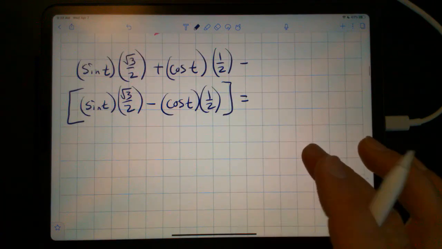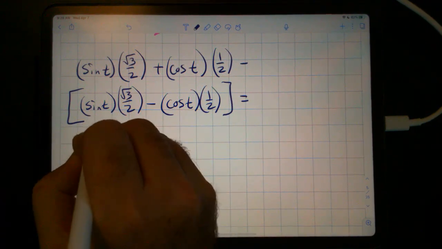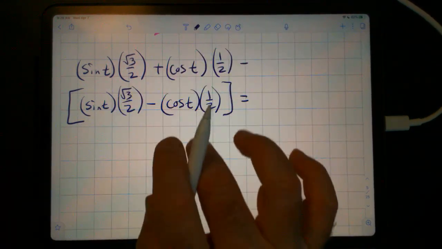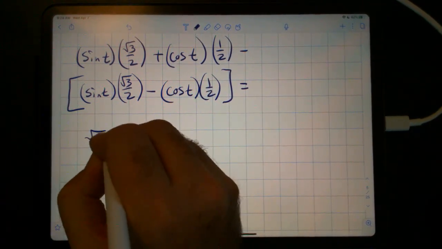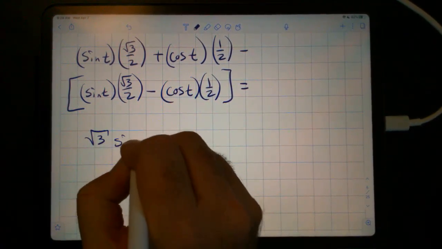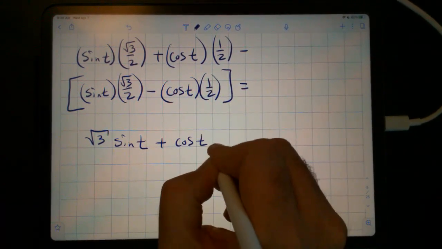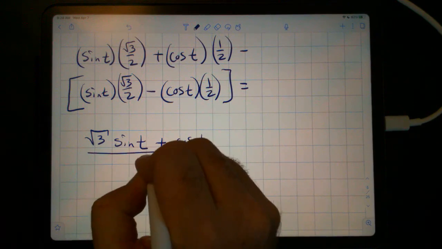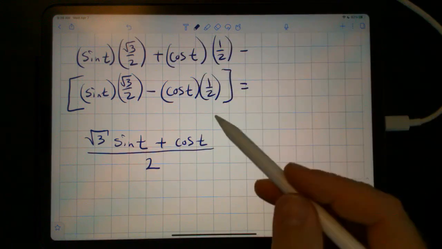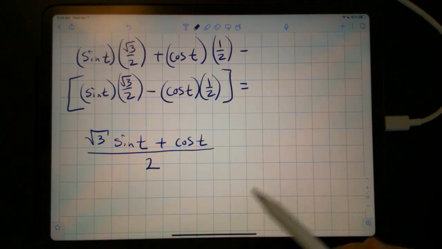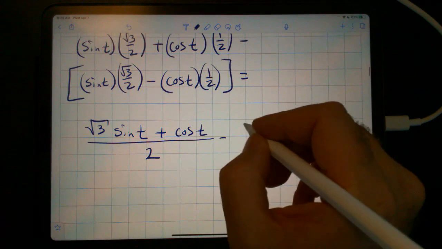Okay, so this gives us we have the same denominator of 2, and then we're subtracting all of this next part.